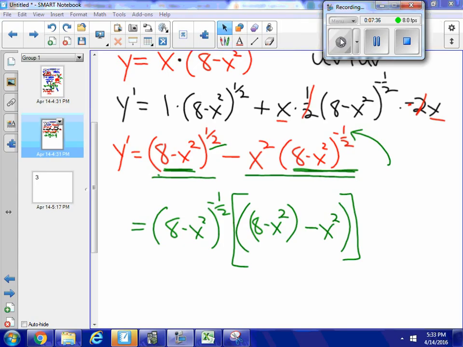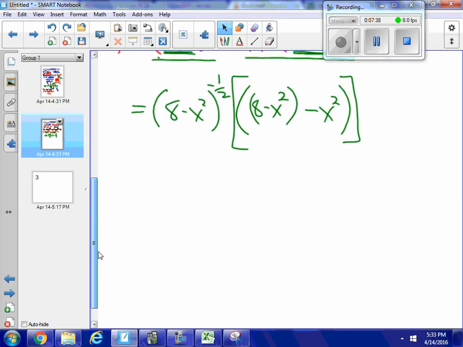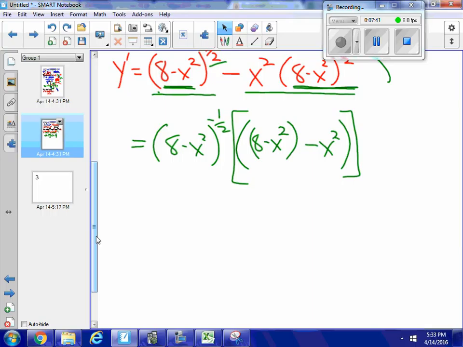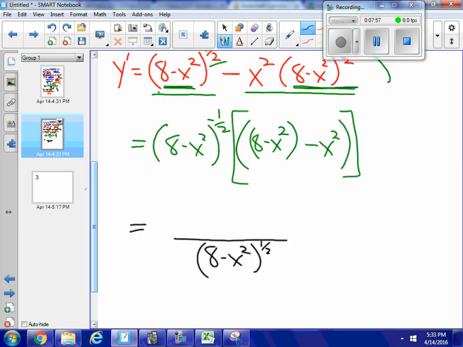So what I've accomplished by factoring out the negative exponent is that now I know exactly what's going to be in the denominator, and I knew there was going to be a denominator because I had a negative exponent. In the denominator is going to be 8 minus x squared to the 1/2, because it was to the negative 1/2 in the numerator.